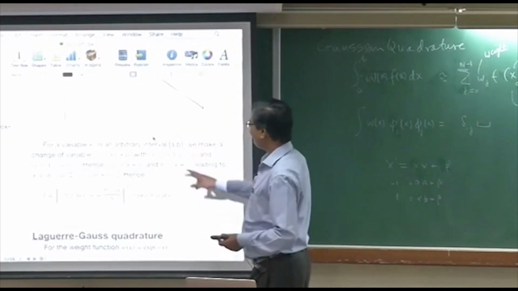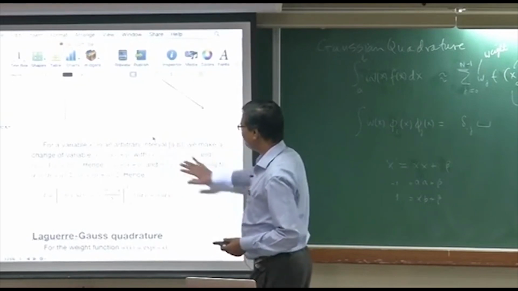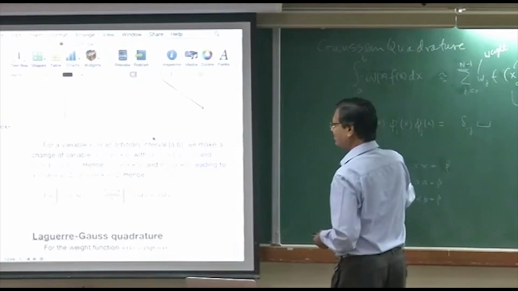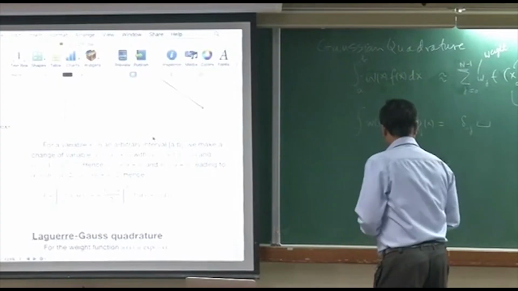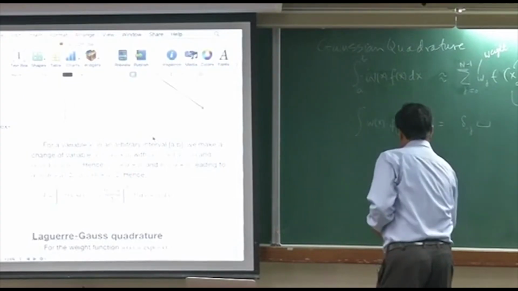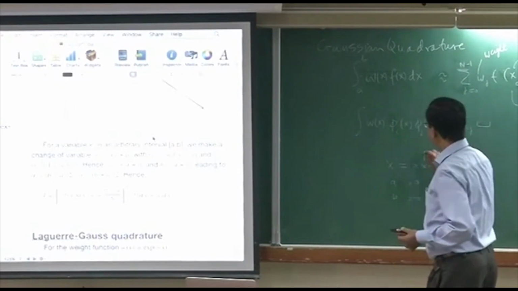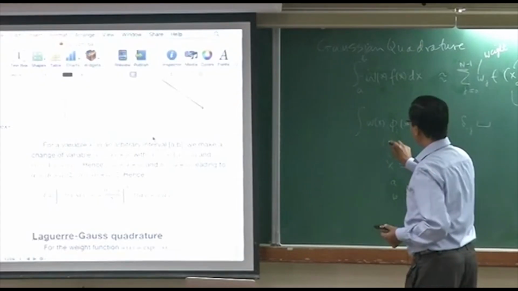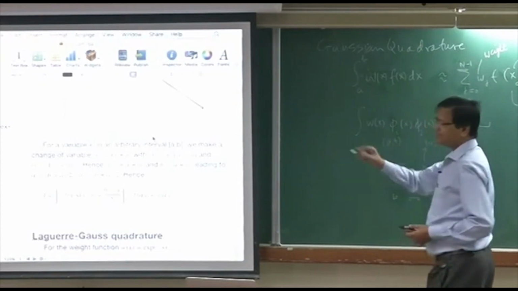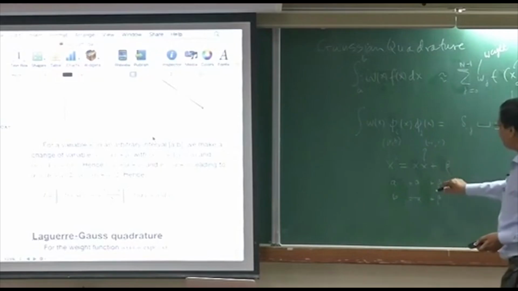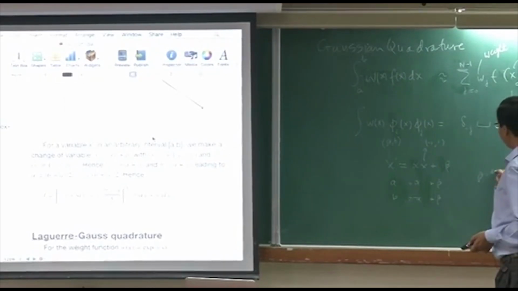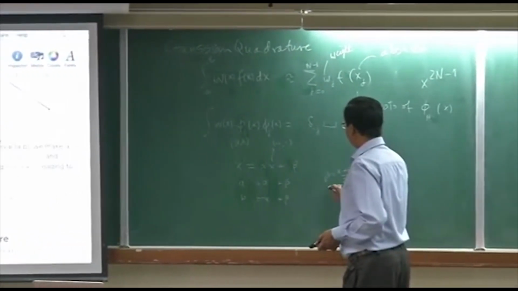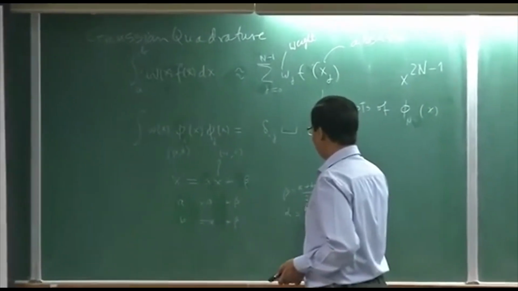So x is the variable that goes from minus 1 to 1 and x prime goes from a to b. It's typed incorrectly. So now I can easily solve for alpha and beta. So beta is (a plus b) by 2 and alpha is (b minus a) by 2.